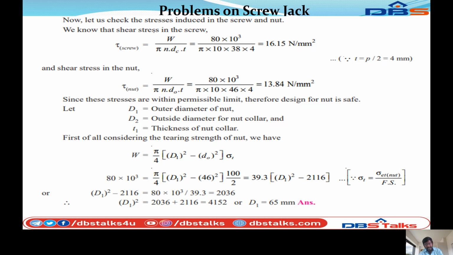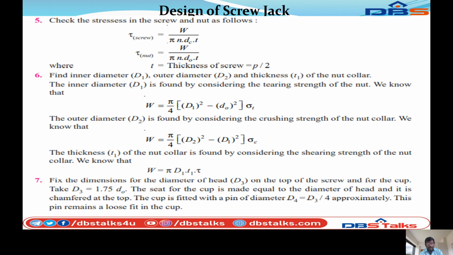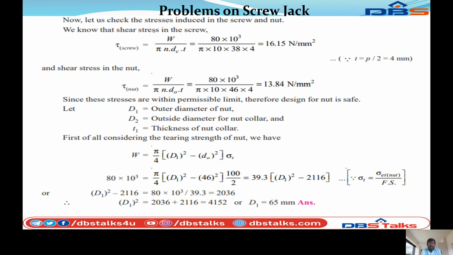So shear stress in the nut is equal to W by pi into N into d naught into T. This formula is also taken from the design of the screw. Tau nut is equal to W by pi into N into d naught into T. So substitute the values: W 80 into 10 cube by pi into N 10, d naught 46 into T 4.